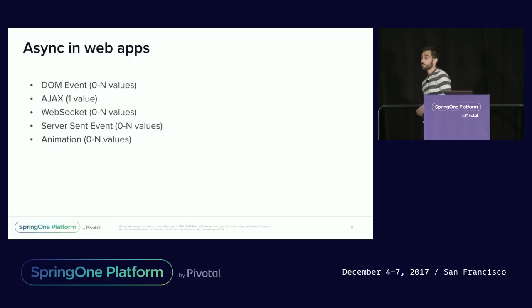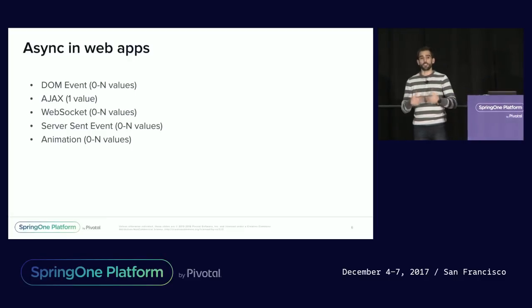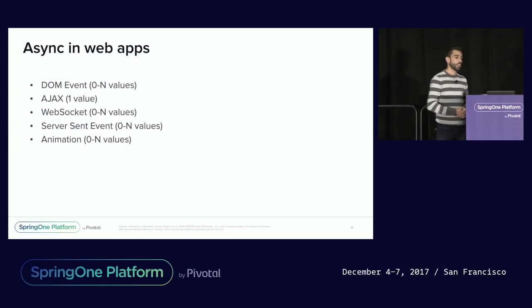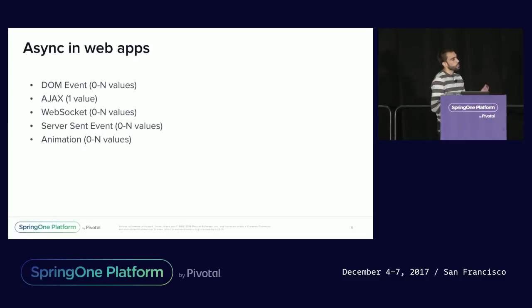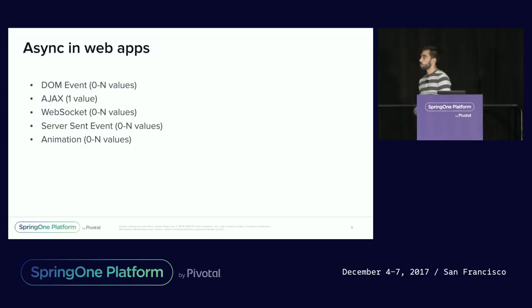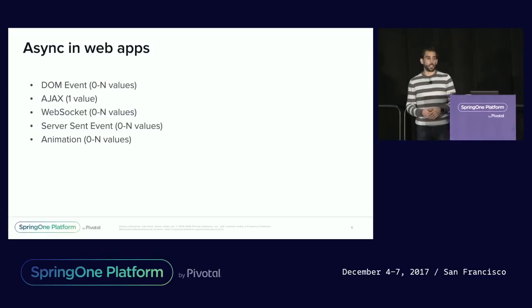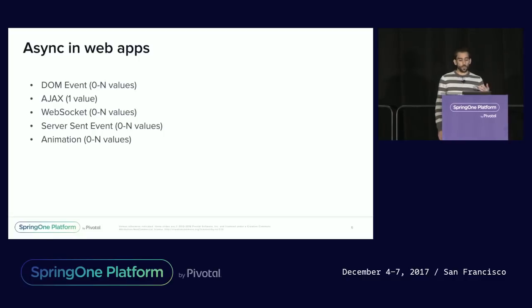This might be like a stream by itself, right? It's a lot of values coming in over a long-living connection. The same applies to server-side events, a little bit different, right? But the same concept, just streaming data from the server side to the client side. And animations could also be a form of stream of data that we can process.